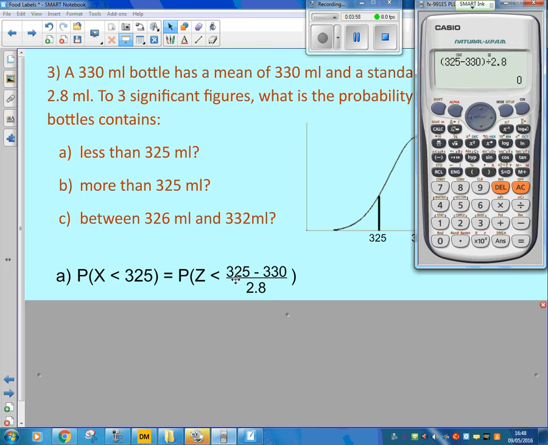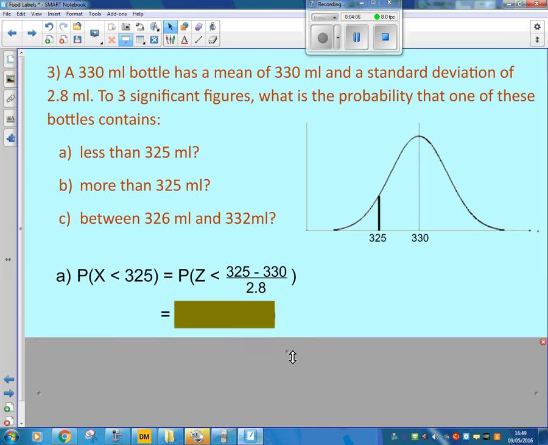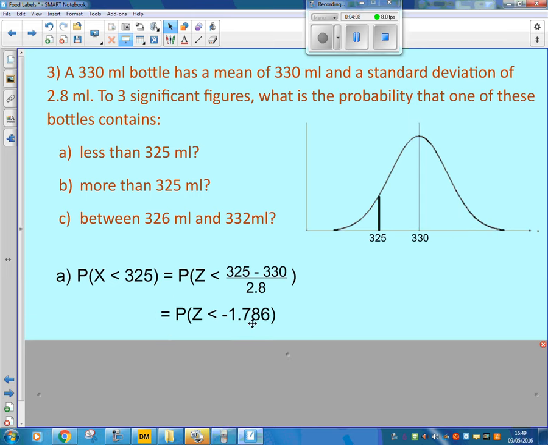So I want my z value to be less than this, minus 1.786 about. So my z is less than minus 1.786.